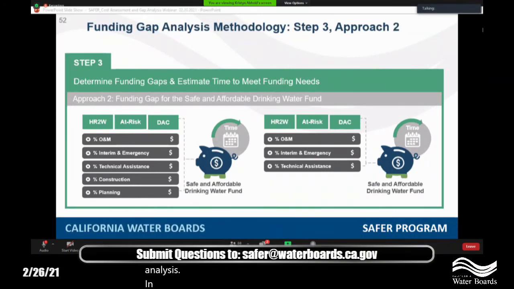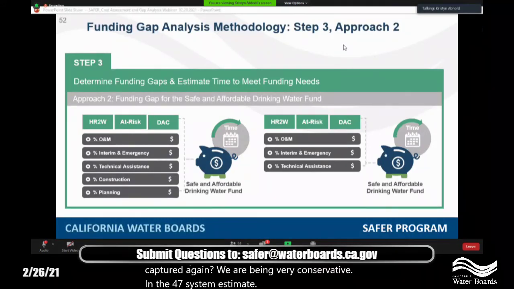And then there's a mention about we're expanding the human right to water criteria, and is this being captured? Again, we are being very conservative in the 47 system estimate. It is meant to capture some of those, but we don't anticipate it's probably the right number. We're going to be adjusting it as we collect more data.